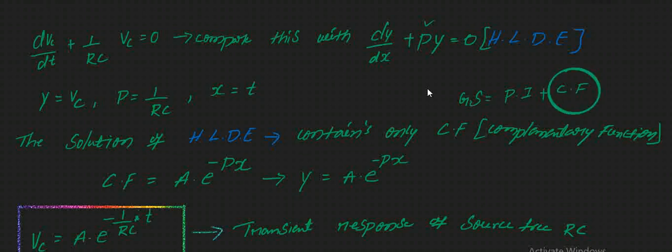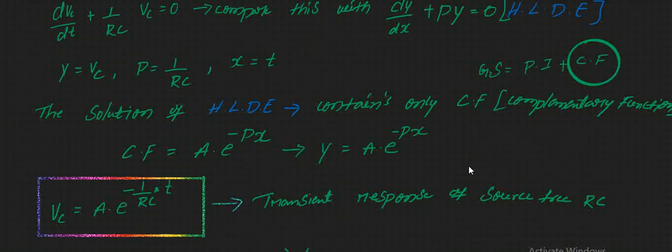The complementary function is given as CF equal to a into e power minus px, that is, y equal to a into e power minus px. Here y is equal to Vc, and P is equal to 1 by RC. So Vc equal to a into e power minus 1 by RC into t.